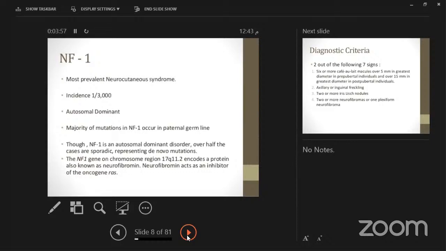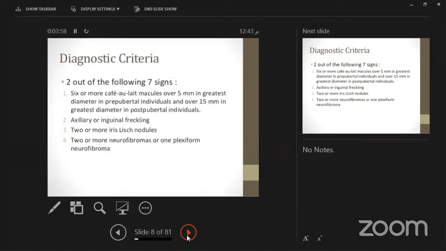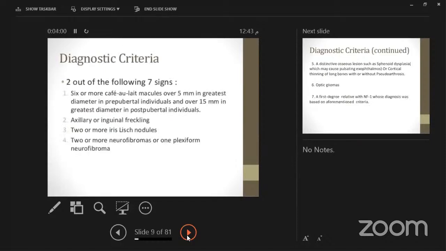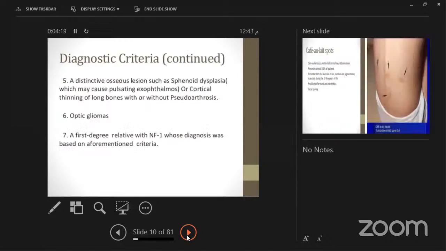Diagnostic criteria require 2 out of the following 5 signs: 6 or more café-au-lait macules, axillary or inguinal freckling, 2 or more Lisch nodules, 2 or more neurofibromas or a plexiform neurofibroma, distinct osseous lesions, optic glioma, and a first-degree relative with neurofibromatosis type 1.